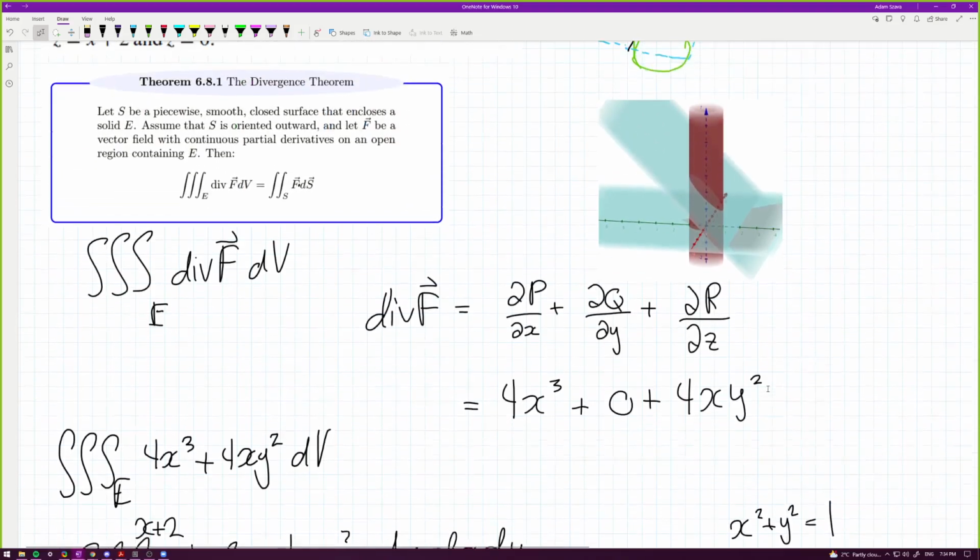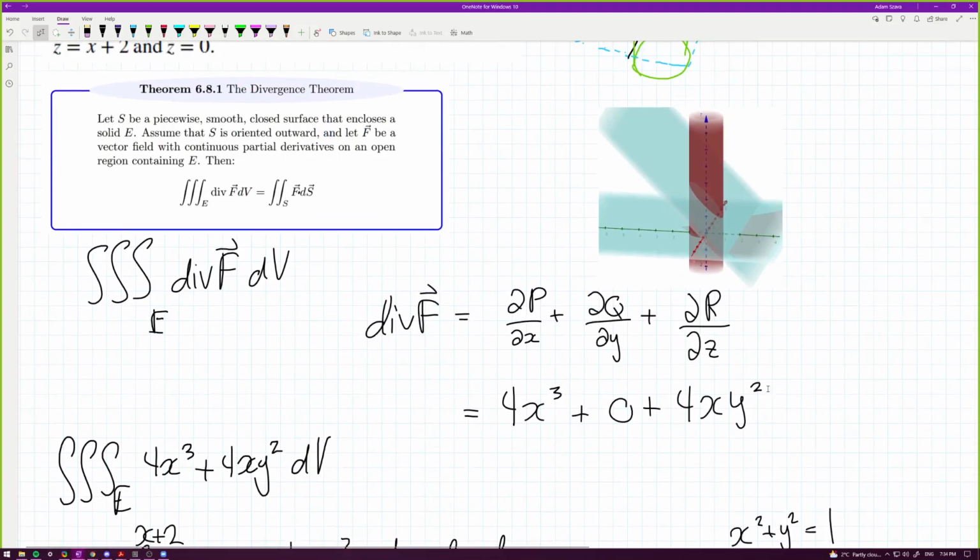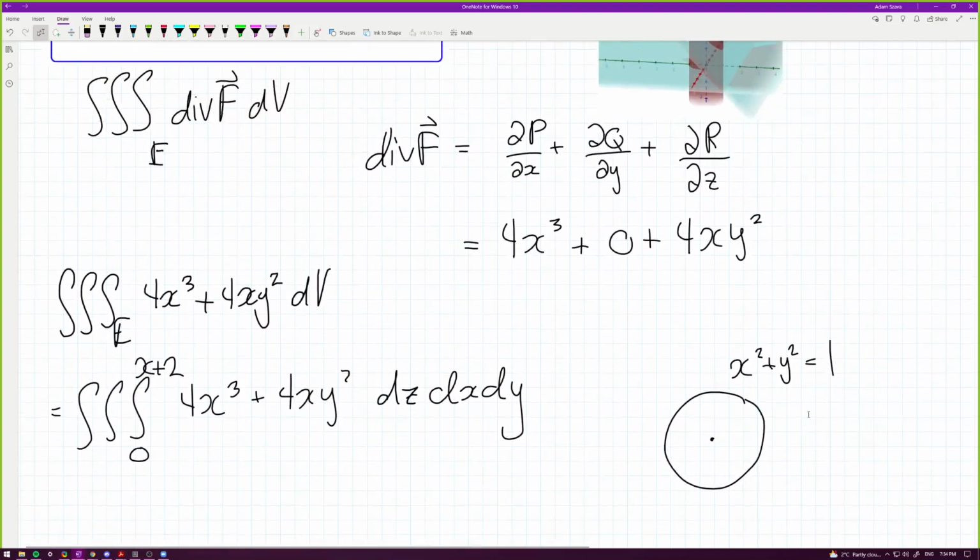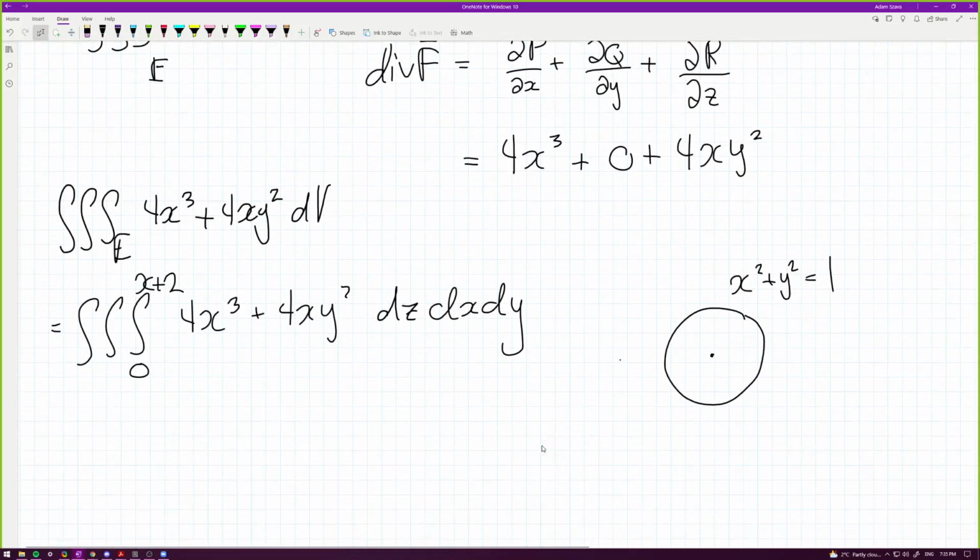It's a cylinder, but looking straight down, it's just a circle. From here, I want to figure out how x varies. What are the two bounds of x? I'm going to solve for x: x is equal to plus or minus the square root of 1 minus y squared. That means the two bounds for x look like this, there and there.